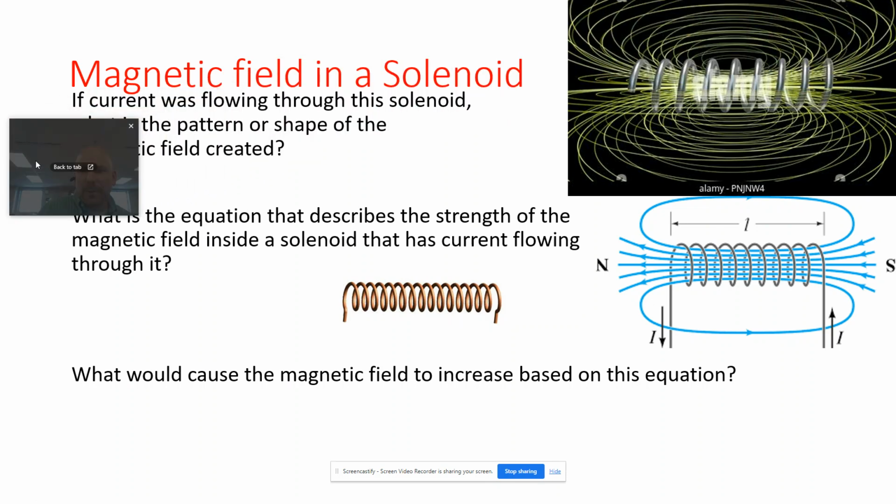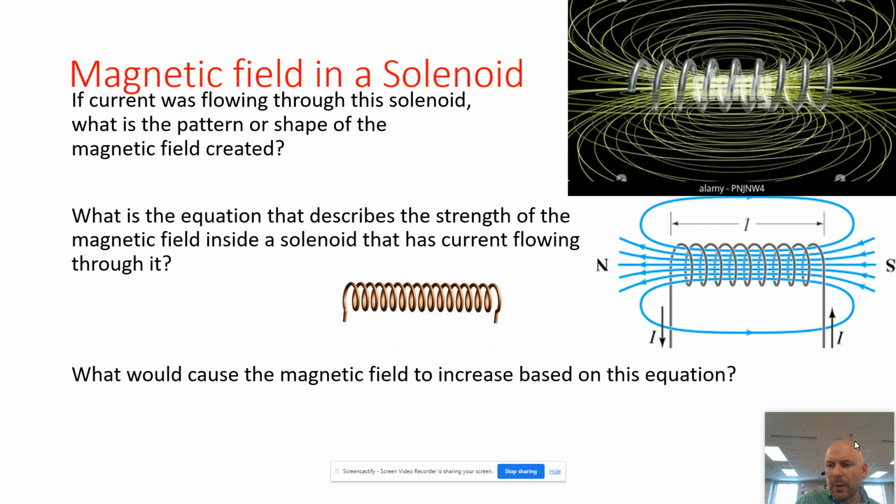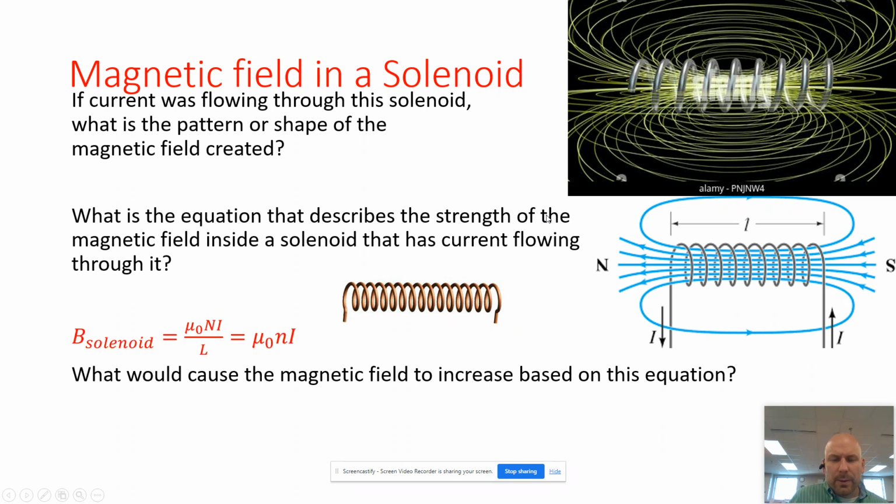Craziness. This is a more basic drawing, but the top one here is more three-dimensional. So there's an equation for this one as well. The magnetic field of a solenoid is equal to the constant times the number of loops over the length times the current.